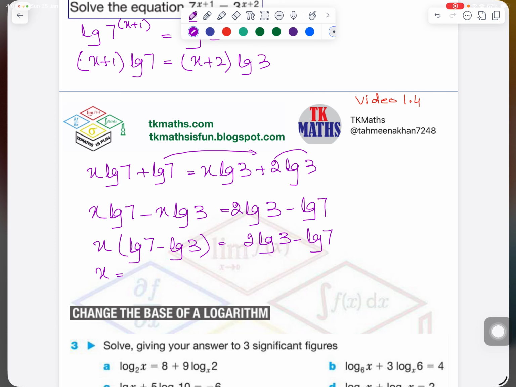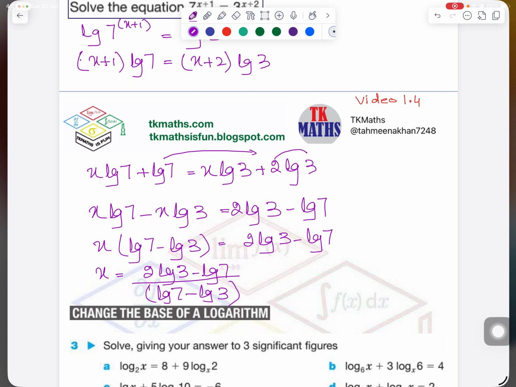Now x equals, I can find out the value here, but I don't want the last answer to get compromised. So I'm keeping it as it is so that I can use the calculator and get the answer. Now let's use the calculator and check what the answer is.